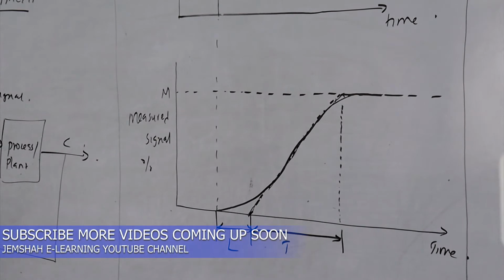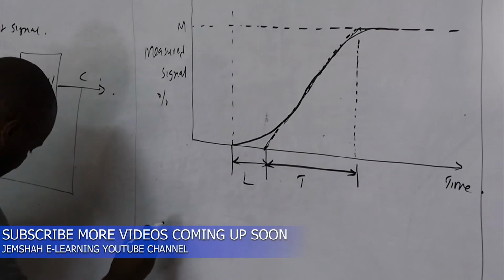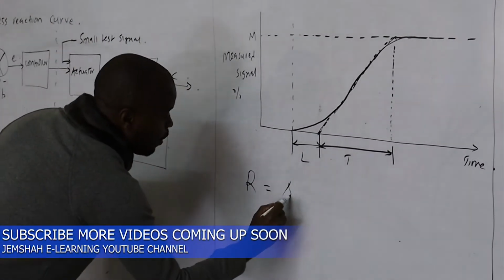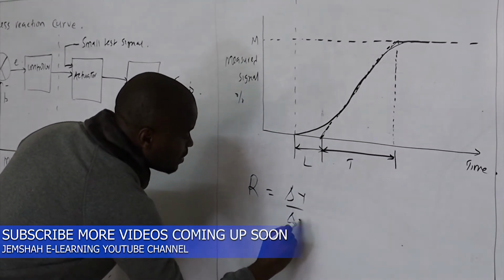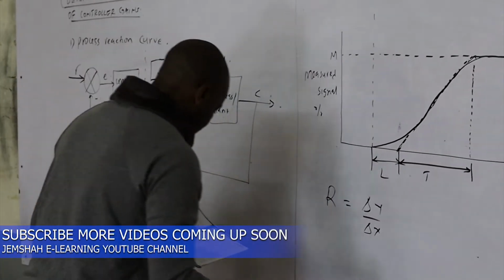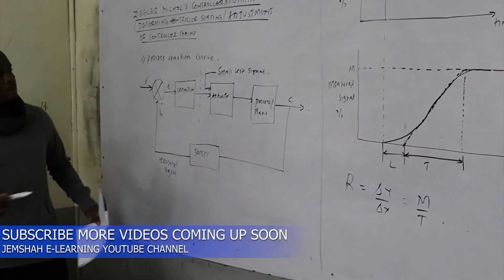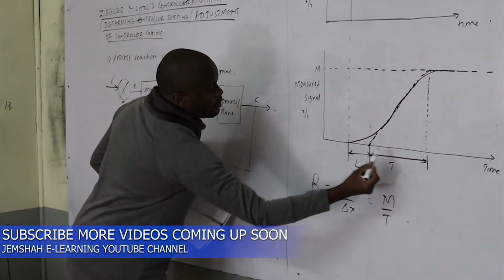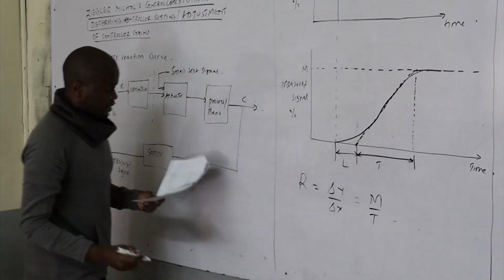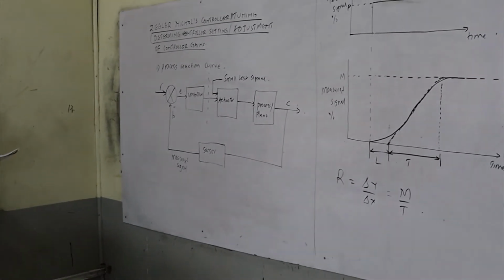The maximum gradient R will be obtained by getting the change in Y over the change in X, where the change in Y is M, all over T. So we are only taking it where it is tangential and cutting that particular point. That is what we refer to as the maximum gradient.